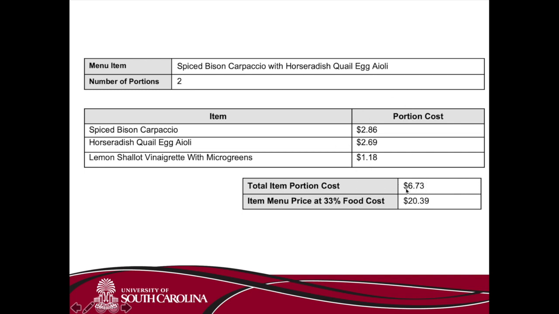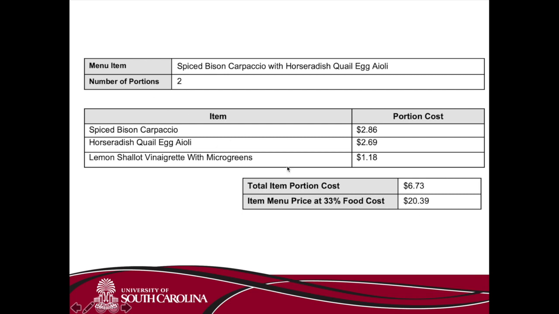Add those together just like we always would. So we add all of this together, $6.73, and then it's the same exact math that we did last week when we're figuring our portion cost. Okay, so it's the same exact math. $6.73 divided by 33% gives us the $20.39 for our total menu price.